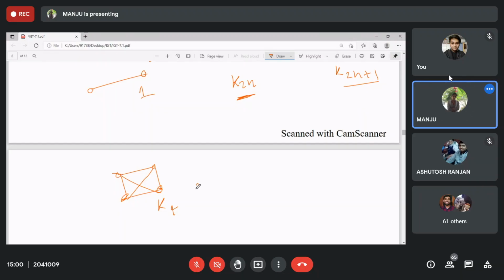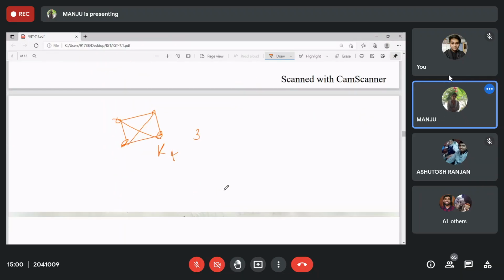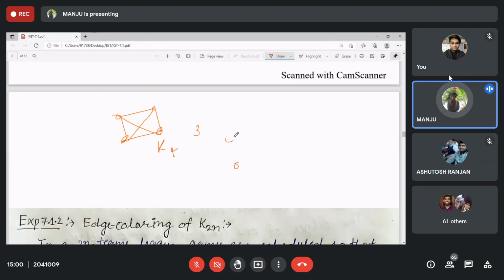K4, we have done it. It is 3, right? Or you can draw it like this. First, this one is colored by the first color. Then this cannot be colored by the same color, so you skip it. This one you can color by the same color.